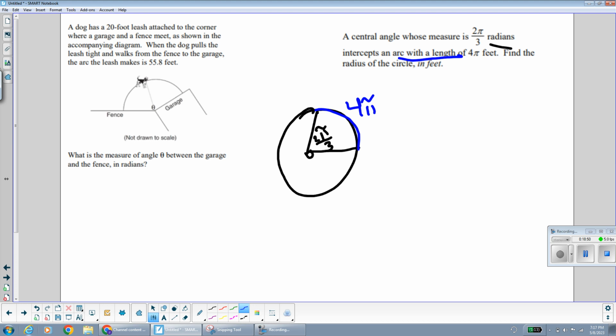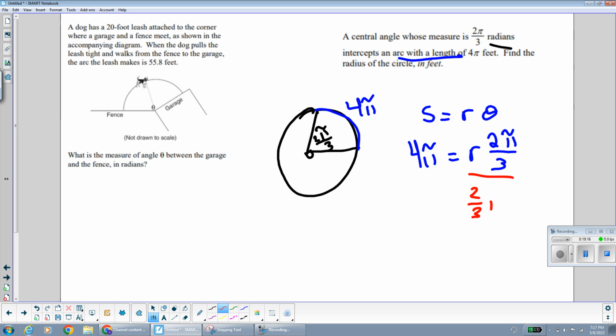Find the radius. Since we are in radians already, I'm just going to go to my arc length formula. S equals r times theta. The arc length is 4 pi. We need to find the radius. And our angle is 2 pi over 3. So to get r by itself, we just need to divide both sides by 2 over 3 pi.